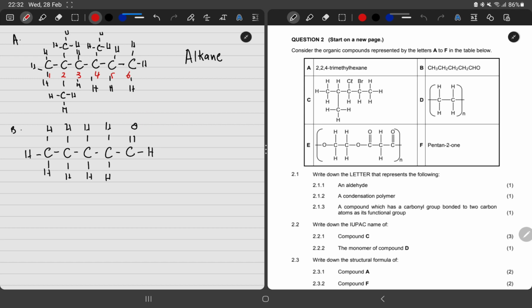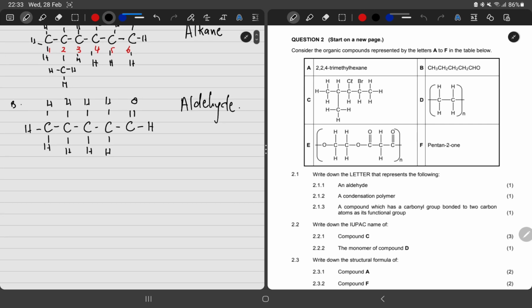So the carbonyl group is at the terminal carbon, and I have a hydrogen attached to that carbon atom. This can only be an aldehyde. When you have a hydrogen attached to a carbonyl group at the terminal, that is an aldehyde.